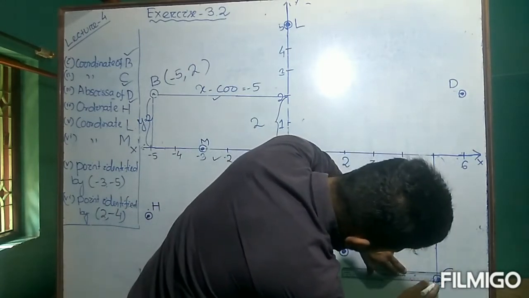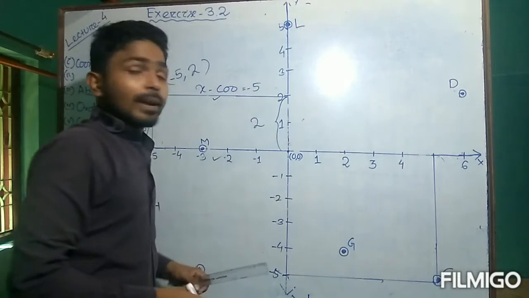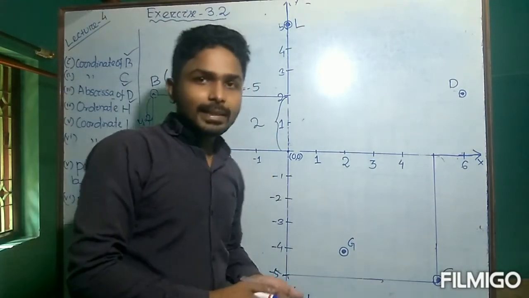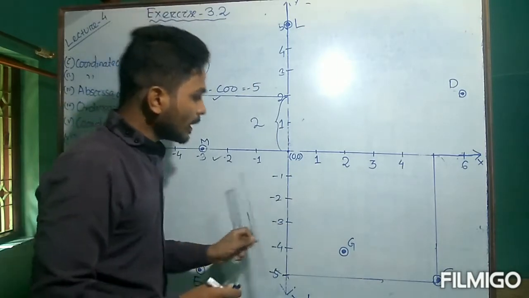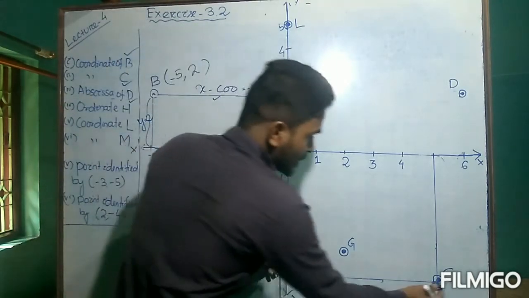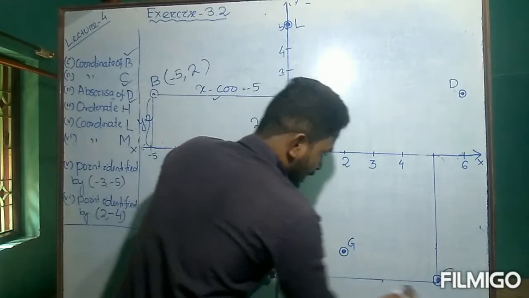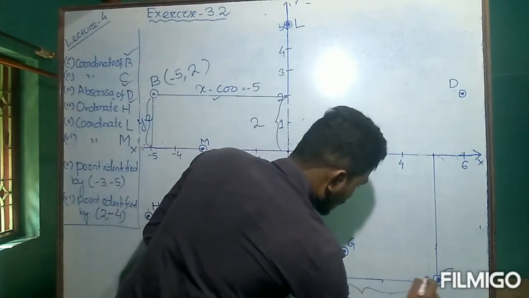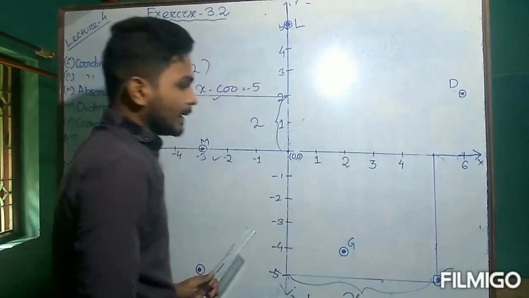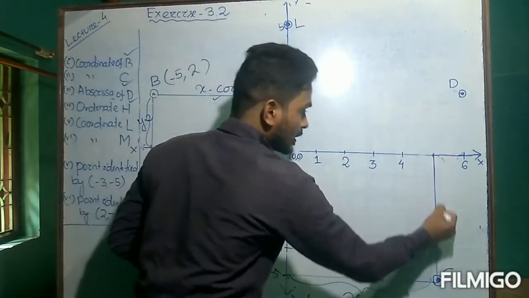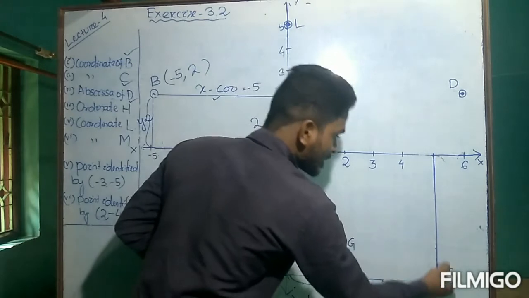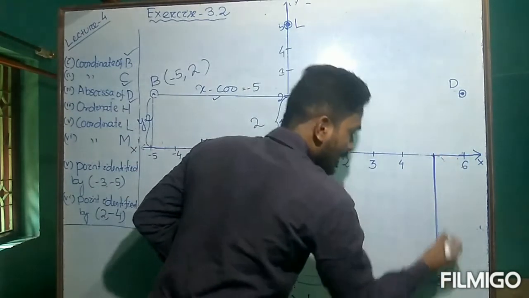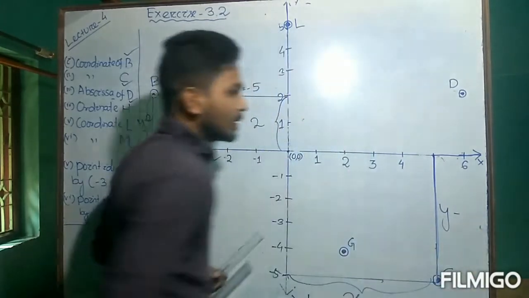Now you have to find the x coordinate. X coordinate means the perpendicular distance to the y axis from the point. This is your y axis, this is your point. Now this distance is the x coordinate, and the perpendicular distance from the x axis to the point, that means this distance, is your y coordinate.